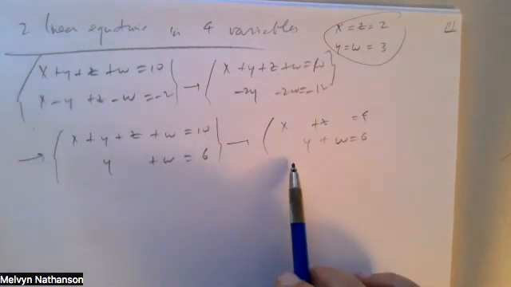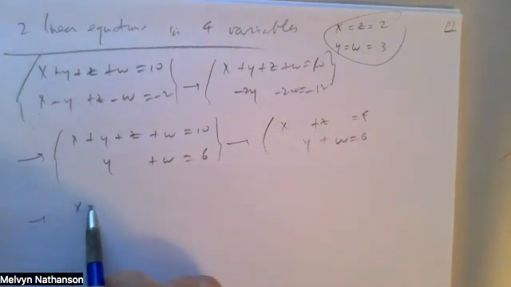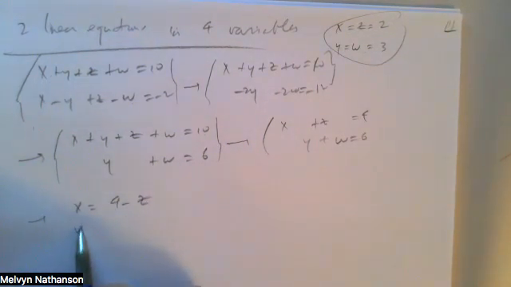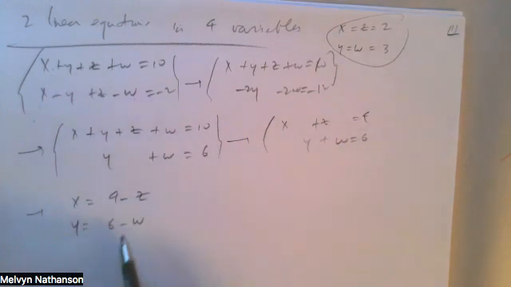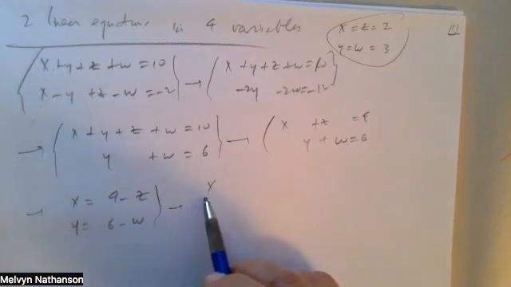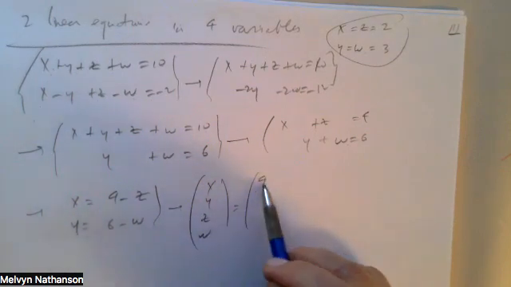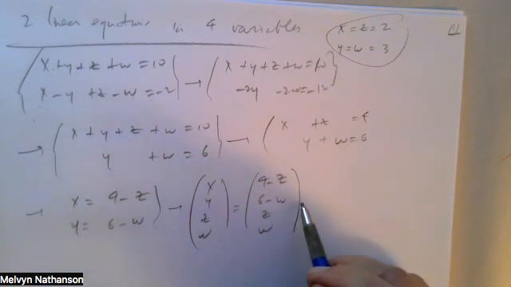So I look at this, I can say, well, x is going to be equal to 4 minus z, and y is going to be 6 minus w. So if I choose any values for z and w and define x and y by these equations, I get a solution. So x, y, z, w, the general solution: x is 4 minus z, y is 6 minus w, z is z, and w is w.